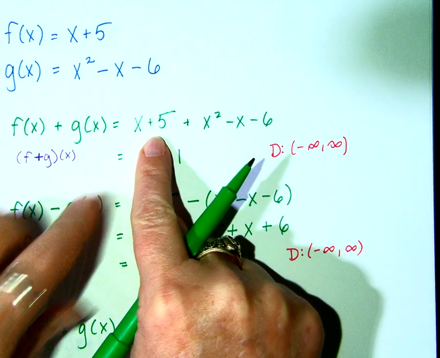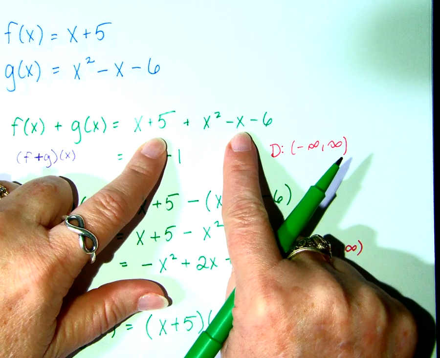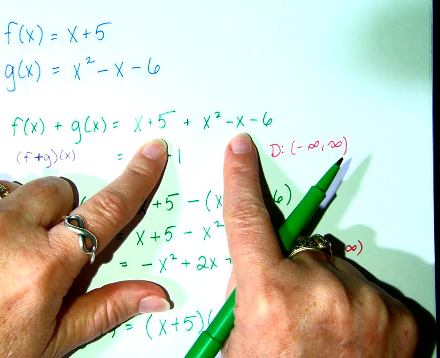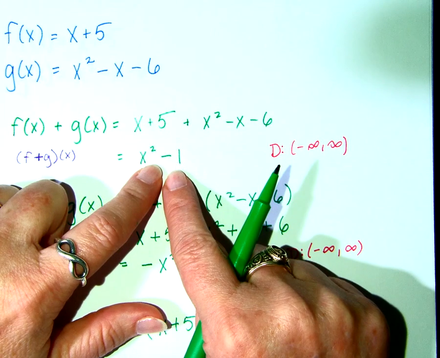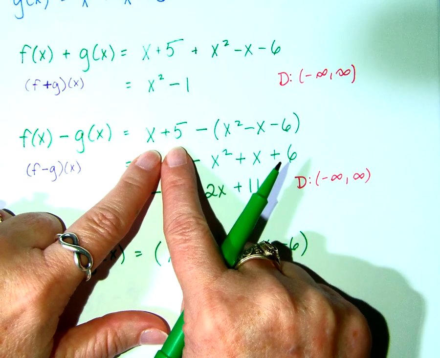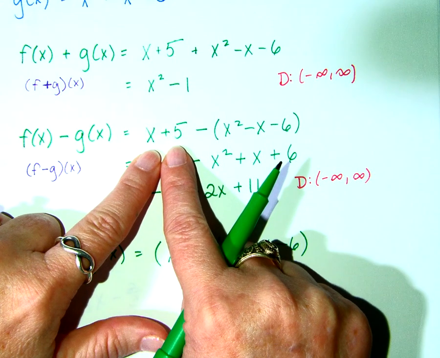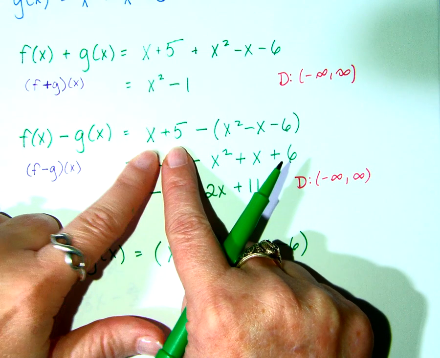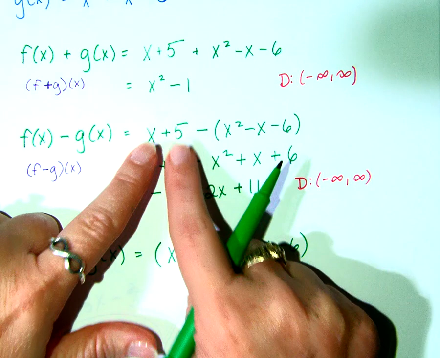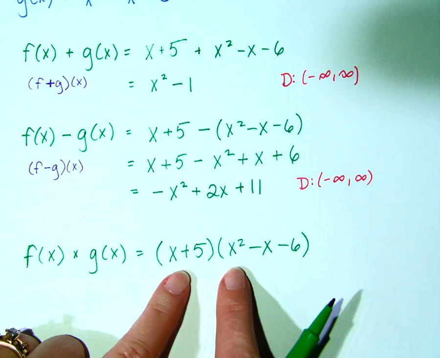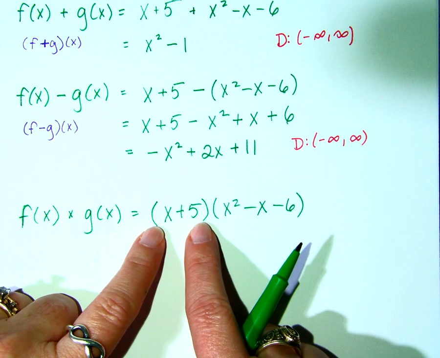Now, why didn't we add parentheses here? Could we have? Absolutely. But it would give us an extra step to take everything out of the parentheses and then combine like terms, right? Why didn't I put a parenthesis on this one? It was the first one. I could have, right? I could have put a parenthesis, but there's not a negative in front, so it wasn't that important. Okay? Why do I have to have parentheses on this one?